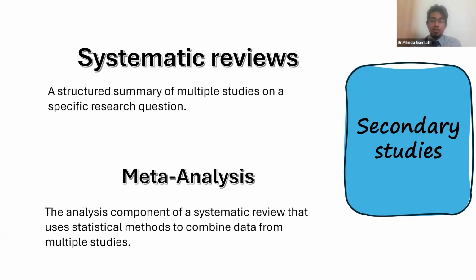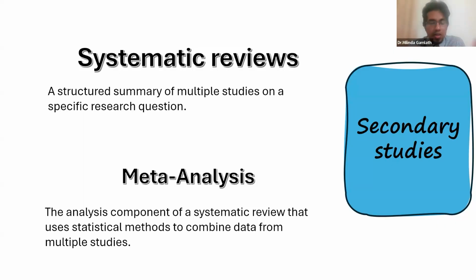So the meta-analysis is the analytical component of a systematic review, which is used to combine different numerical data. For example, in a study done in England, they might have found that metformin reduces the blood sugar levels by 10 units more than sitagliptin. In another study in Japan, it might be 6 units.